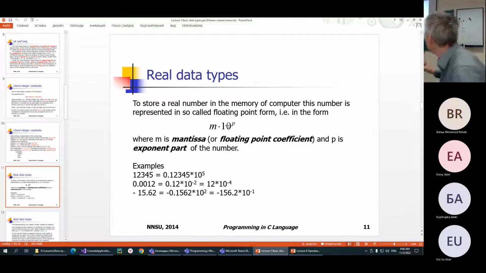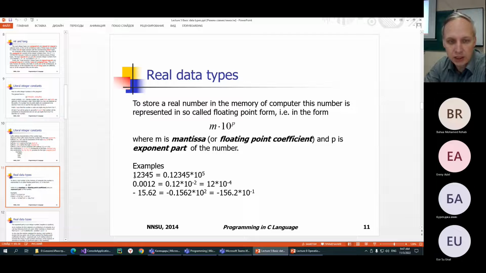For example, for 10 power 6, p equals 6 and m equals 1. The coefficient m is called the mantissa, or floating point coefficient. p is called the exponent part, or power.